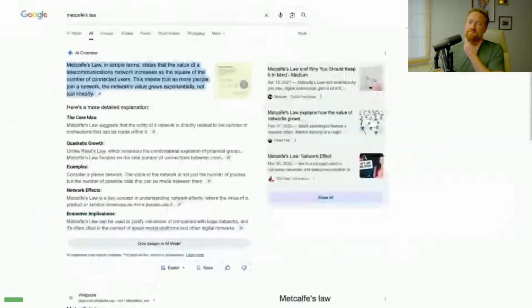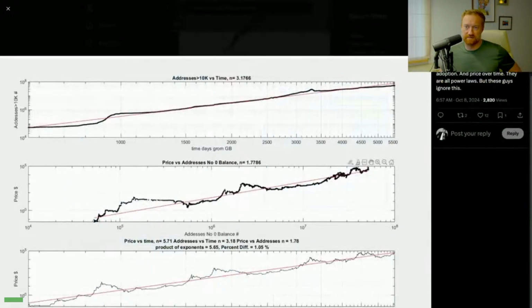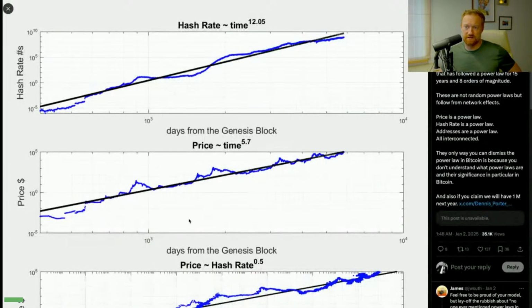But it probably is explained quite well, if someone did deep dives into Metcalfe's law. I don't know if Giovanni has done that. Here's his charts.